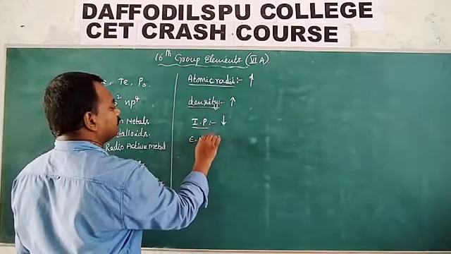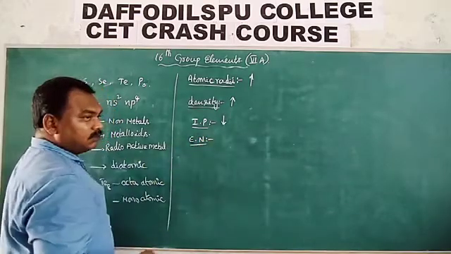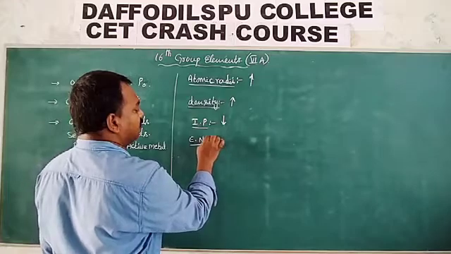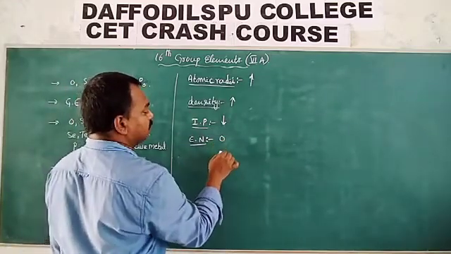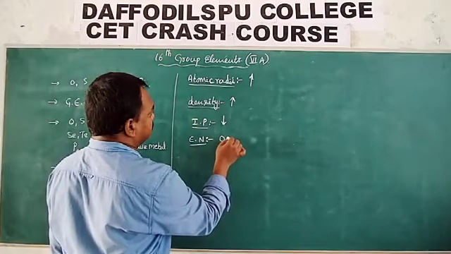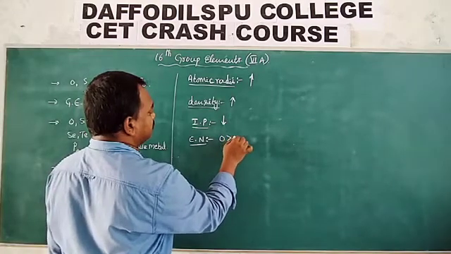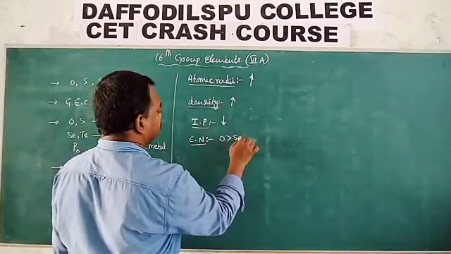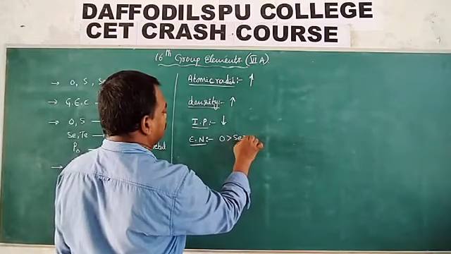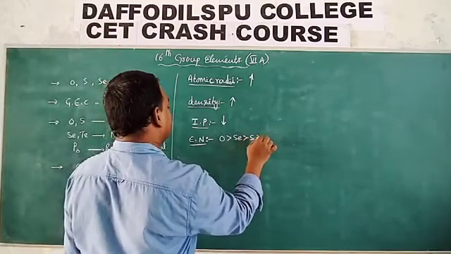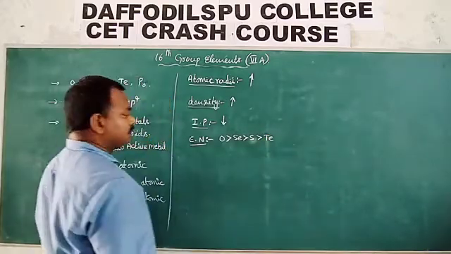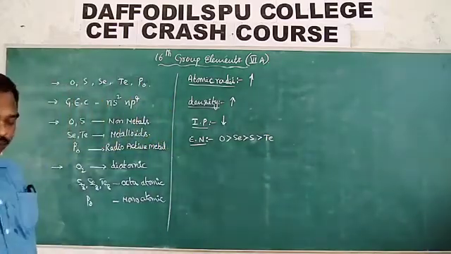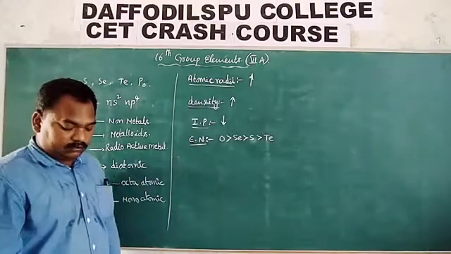Electronegativity. Which is the most electronegative element in the 16th group elements? Oxygen is the most electronegative element. After that, selenium, after that, sulfur, then tellurium. This is the electronegativity order.